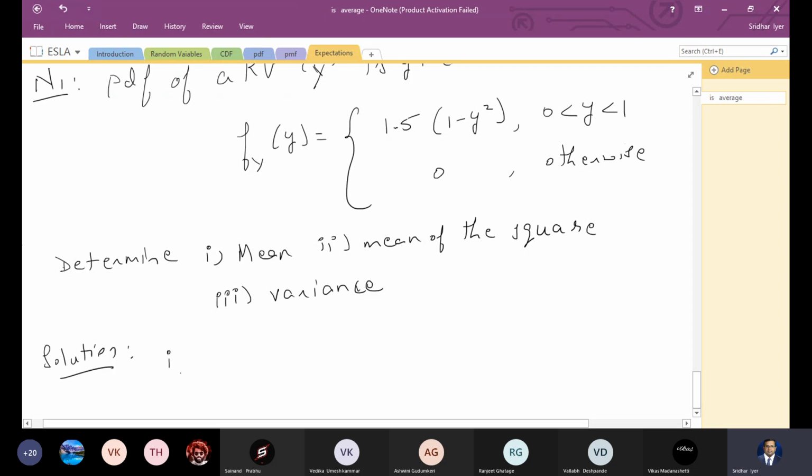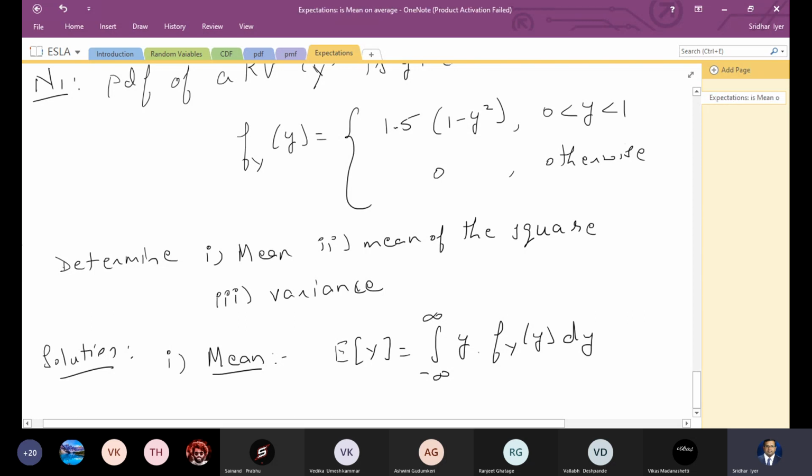So in the first part, we need to find the mean value. And we know that the mean of any random variable, in this case the random variable is y. So E of y is nothing but the integral from negative to positive infinity of y f Y of y dy, right?